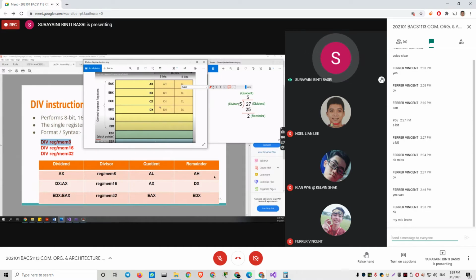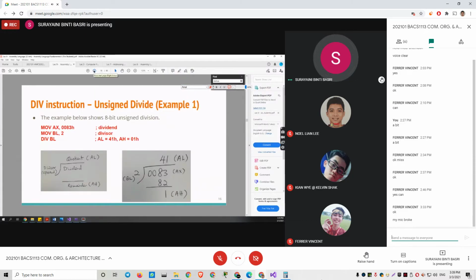So it is predetermined like this. Remember, the divisor is this part, the dividend is this part, the quotient is the result of your division, and the remainder is the balance of your division.